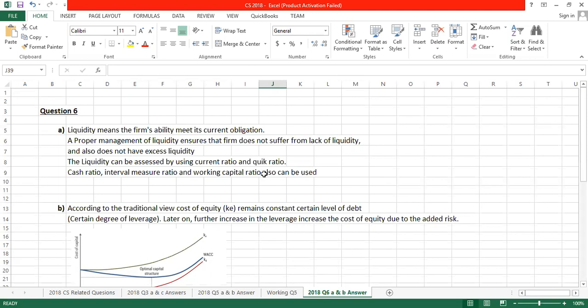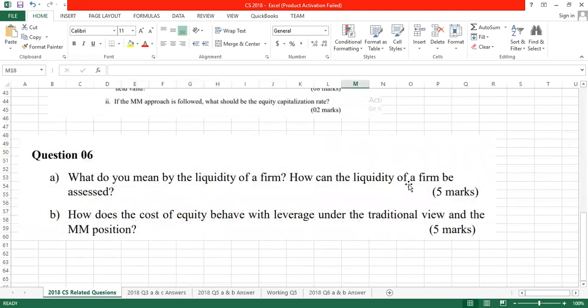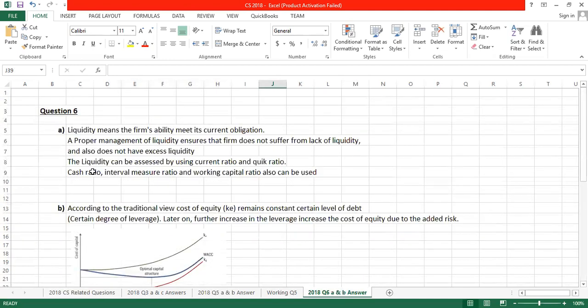not have excess liquidity. The next part of the same question is, how can the liquidity of a firm be assessed? The liquidity can be assessed by using the current ratio and quick ratio, and also cash ratio, interval measure ratio, and working capital ratio can be used.